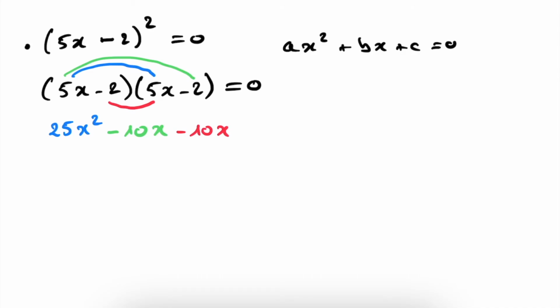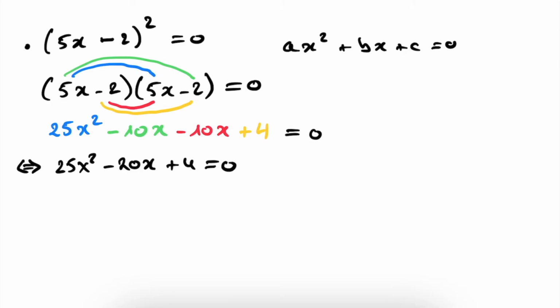And finally, we multiply this minus 2 with this minus 2, which becomes plus 4. And this should be equal to 0. So now one more step to get it into the familiar form. So we get 25x squared minus 20x plus 4 is equal to 0.